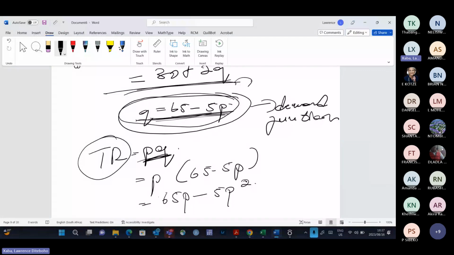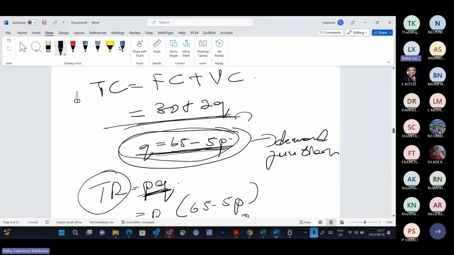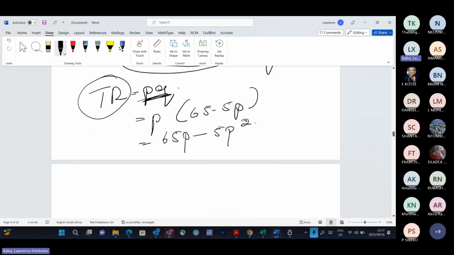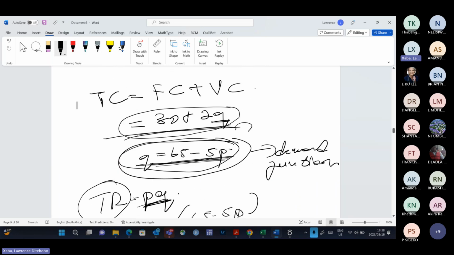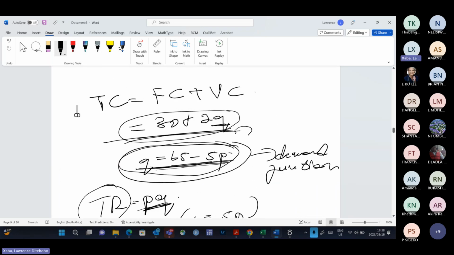But look at the total cost equation: we have Q. So our interest is to find Q. We are not going to derive the equation in terms of P, because our interest is to find the break-even point.